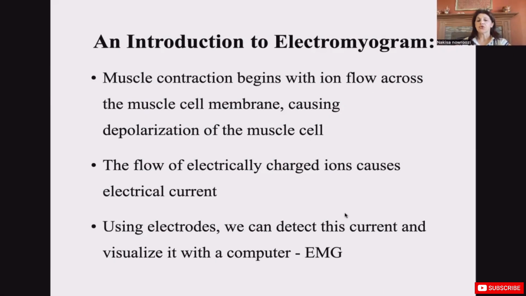Electromyogram is a tool that we use to look at the current caused by muscle contraction. Muscle contraction begins with ion flow moving across the muscle cell membrane, and it causes the depolarization of the muscle fiber or muscle cell.